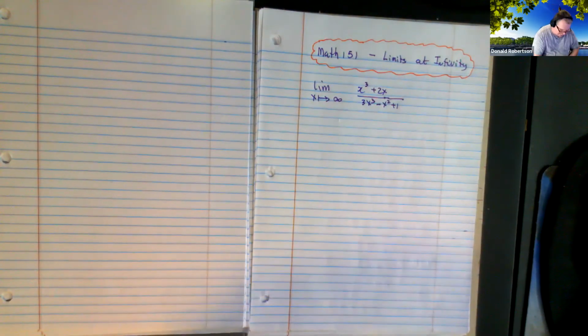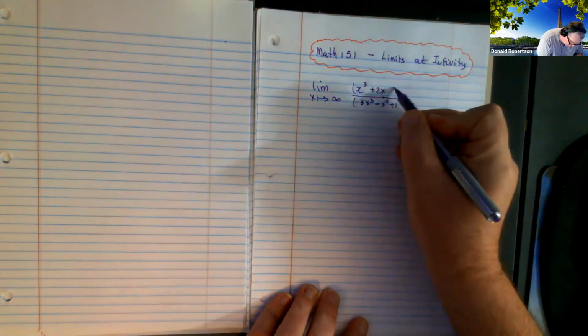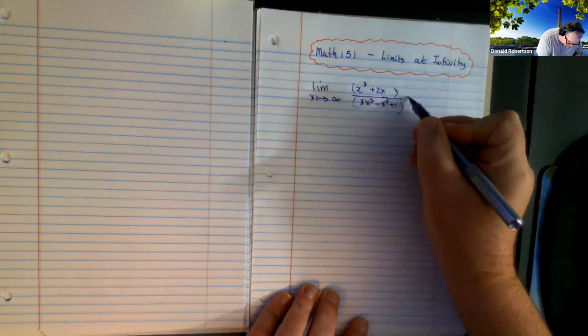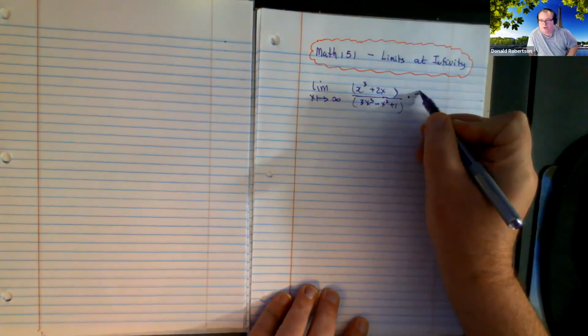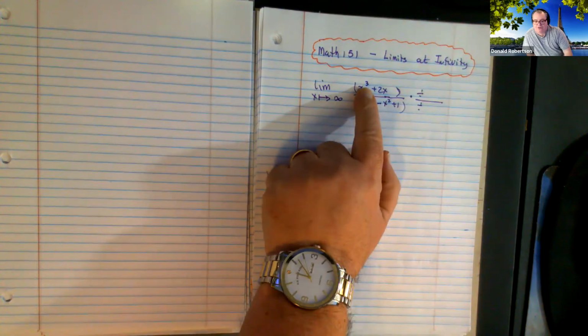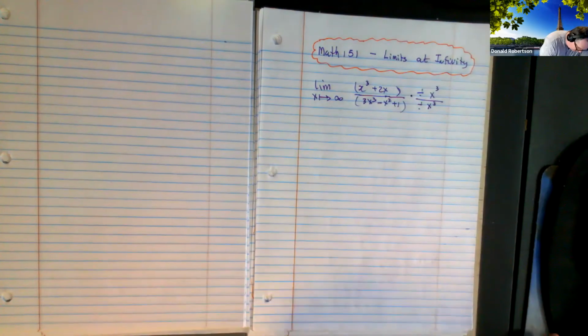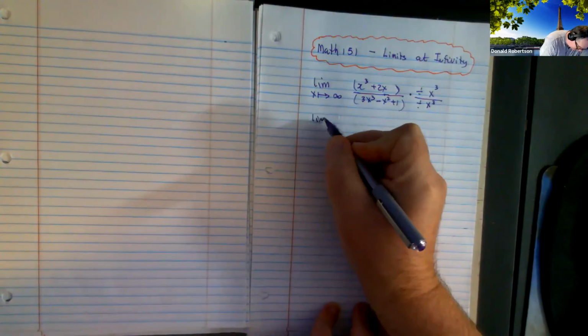Now, what you do in these situations is you divide the top and the bottom by a power of x. The biggest power of x here is x cubed, and the largest power of x here is also x cubed. So in this case, you divide top and bottom both by x cubed, and then you go through each one of the terms one at a time.